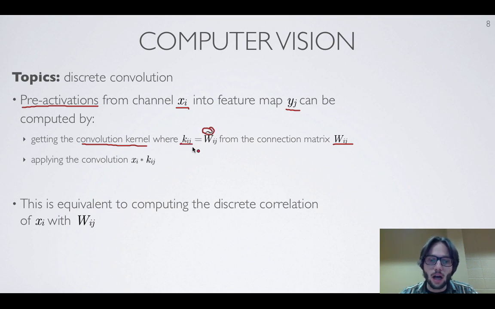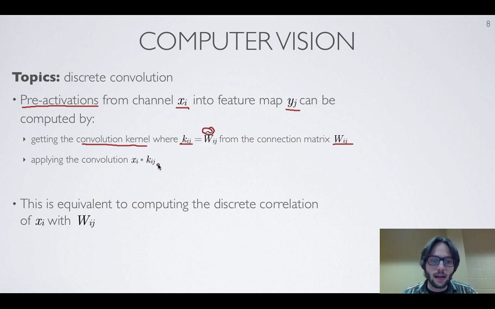Okay, and that will become my convolutional kernel. So that when I'm applying the discrete convolution, as we've seen in the description I gave before, I'm going to be reflipping the rows and columns, so I'll get back to the actual matrix wij.